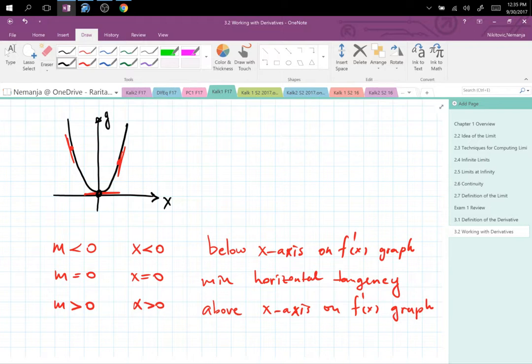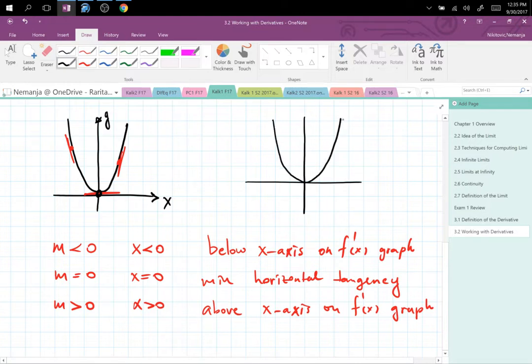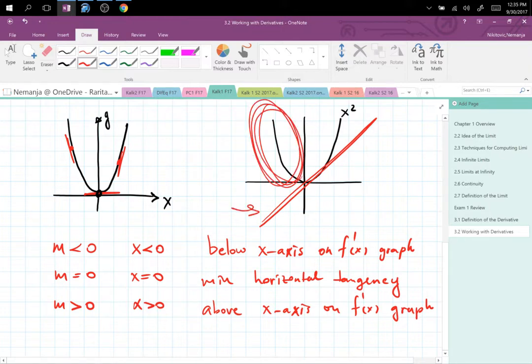So how do I draw the derivative now? Well, I have my x squared. The derivative of this is this guy. Let's think about it. The function on this part is decreasing. Decreasing means the derivative is below the x-axis. We have 0, 0. It coincides with the derivative there.